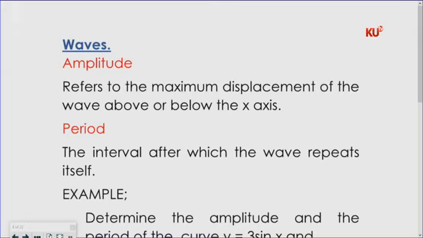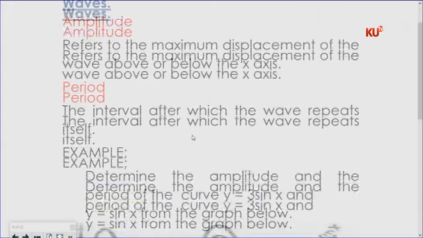I'll be explaining this using the next example. The period is the interval after which the wave starts to repeat itself. In most cases, the period is in degrees or in radians. The amplitude is like the displacement, so we shall be looking at the units for that.